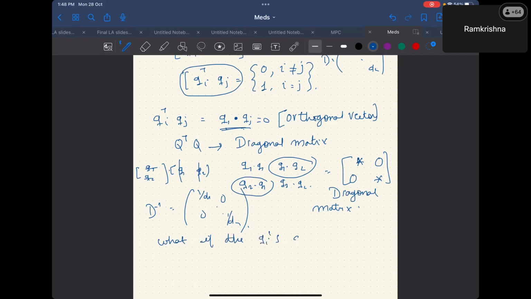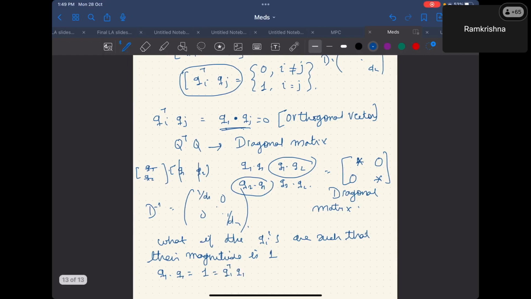What if the Qi's are such that their magnitude is 1, which means Qi dot Qi, or Qi transpose Qi, will be simply 1. Say Q1 transpose Q1. So all these Qs are now unit vectors. Okay, in this case, I'm now back to here.